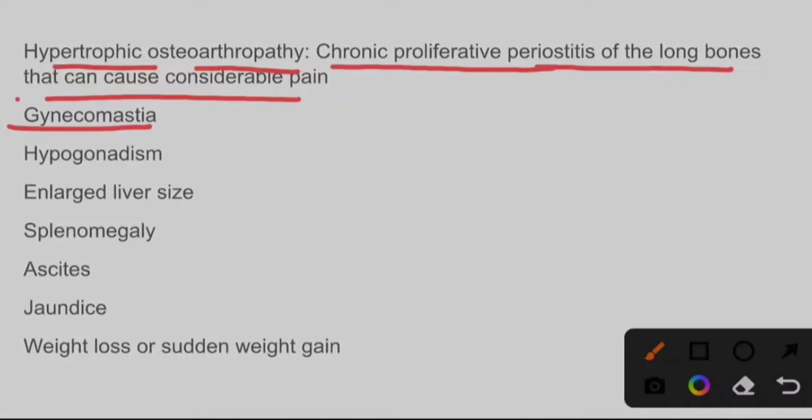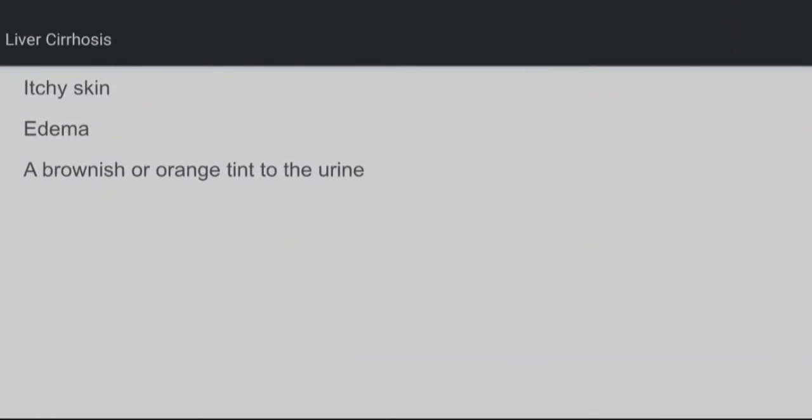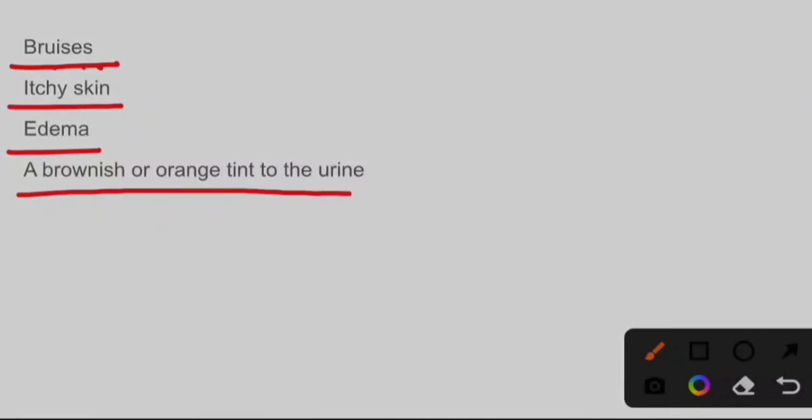Gynecomastia, hypogonadism, enlarged liver size, splenomegaly, ascites, jaundice, weight loss or sudden weight gain. Bruises, itchy skin, edema, a brownish or orange tint to the urine.